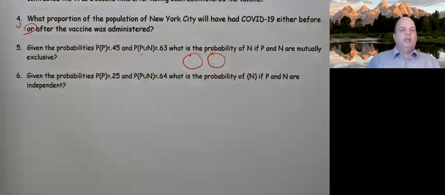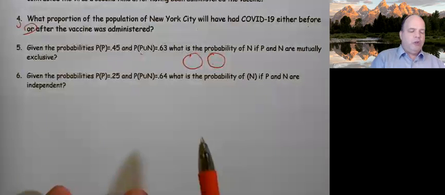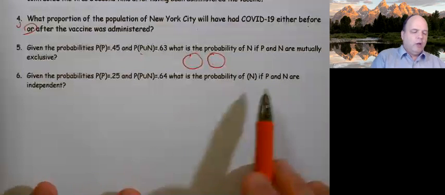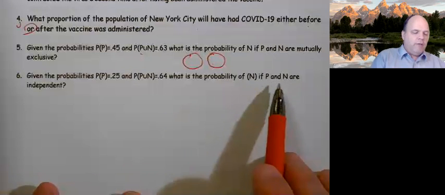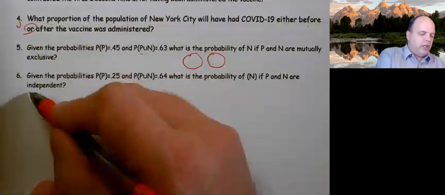The next one: given the probability of P is 0.25 and the probability of P union N is 0.64, what's the probability of N if they are independent? This is very key.